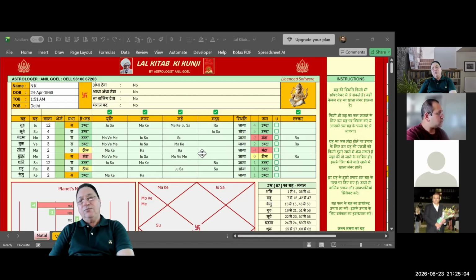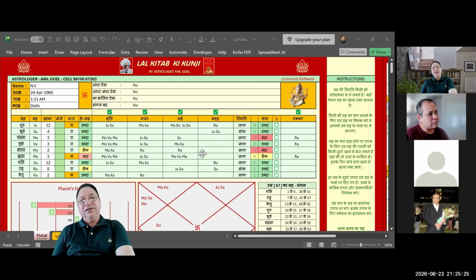It has become so complicated. A lot of people developed many techniques to review a chart. One of the techniques was Krishnamurti Paddhati, which is called KP. That is one of the ways of looking at a chart. It is very good, and that also is practiced.